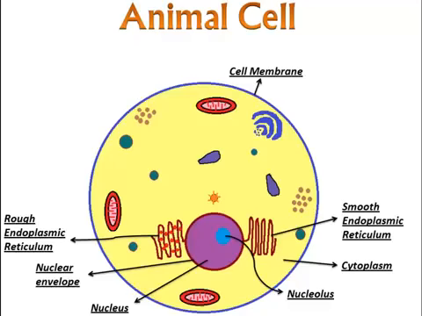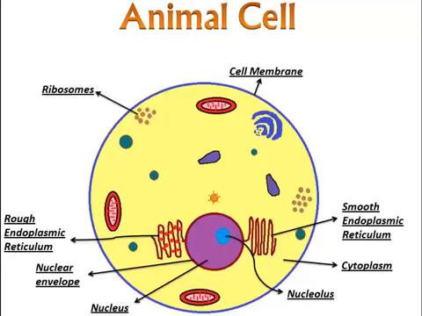It does not contain any ribosomes and it also appears smooth. Both these endoplasmic reticulum are a network of membranous canals filled with fluid. They carry materials throughout the cell, and both endoplasmic reticulum are the transport system of the cell.